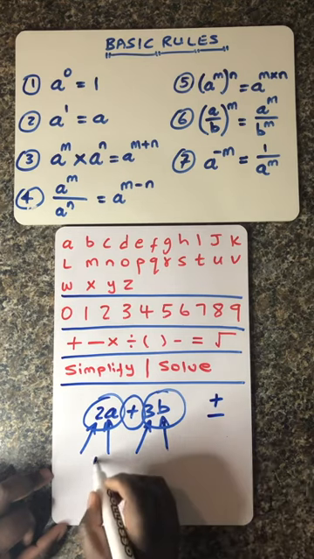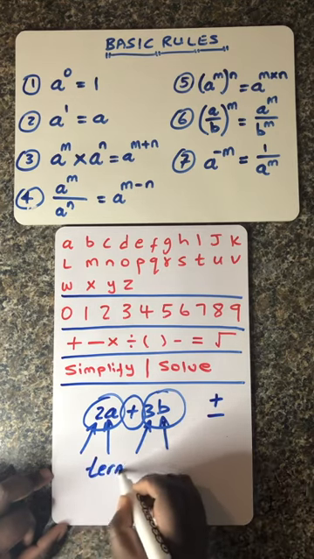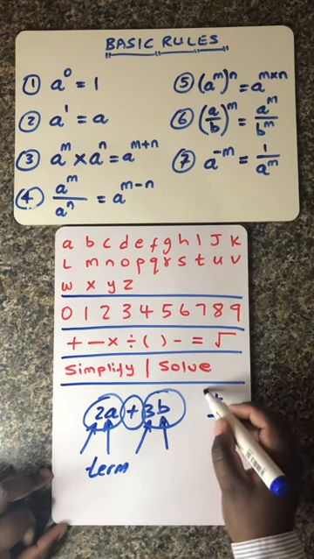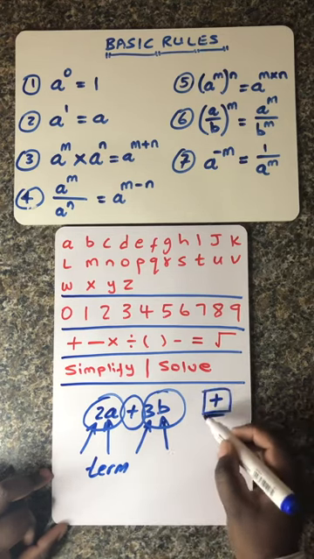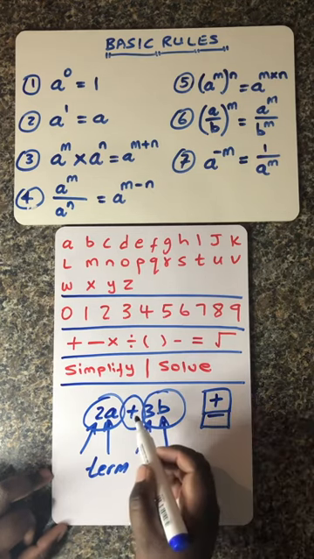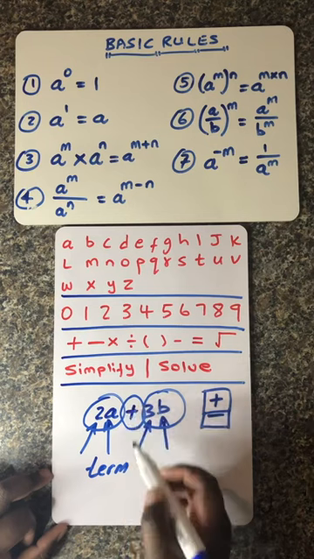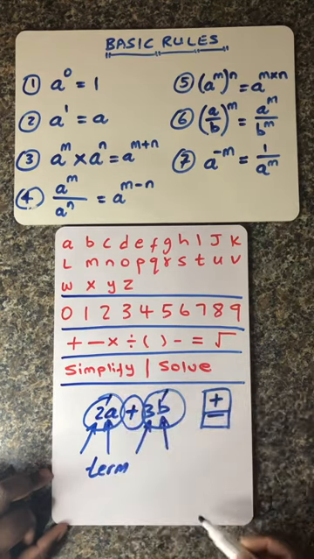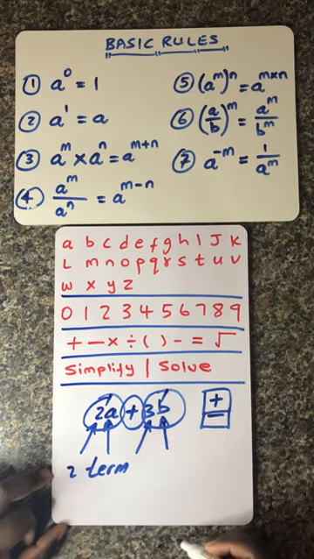So something to note guys, we've got a thing called a term. A term is separated by a positive or a minus sign. In this case, we've got a positive sign, meaning this is the first term and this is the second term. So that means we've got 2 terms.